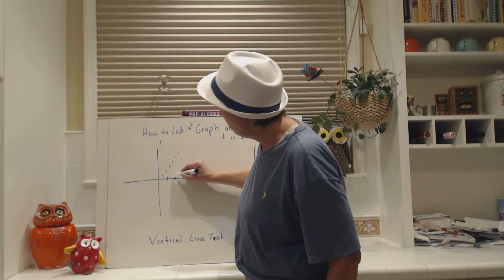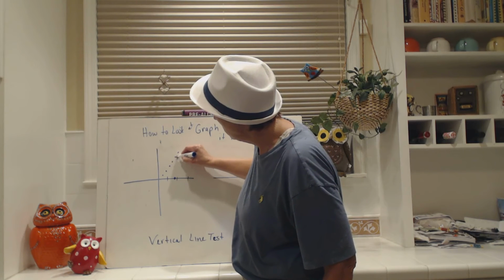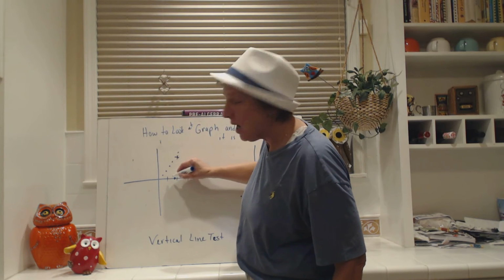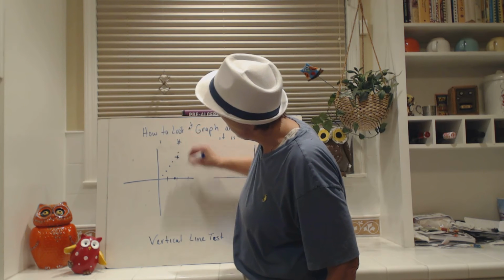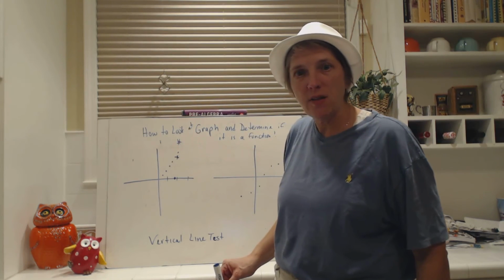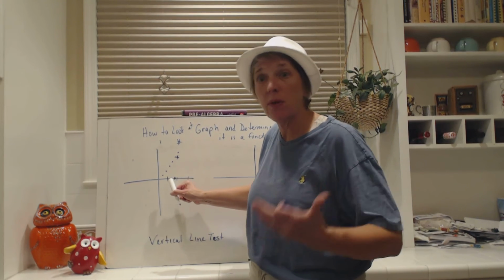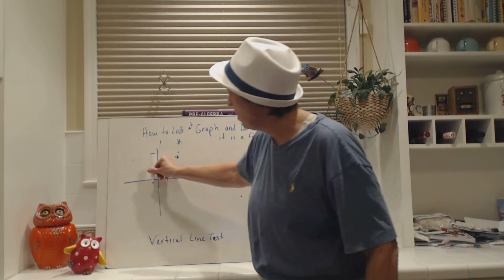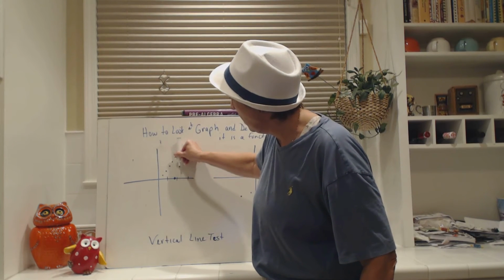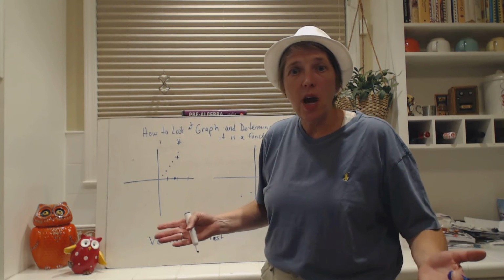Y was 8, so let's say it's about right here. And when x was 9, it was also 15. See how it stacks on top of each other? It won't pass a vertical line test now. That was from the previous relation that we determined wasn't a function. When we go across, there's an intersection with the vertical line. Therefore, it is not a function.